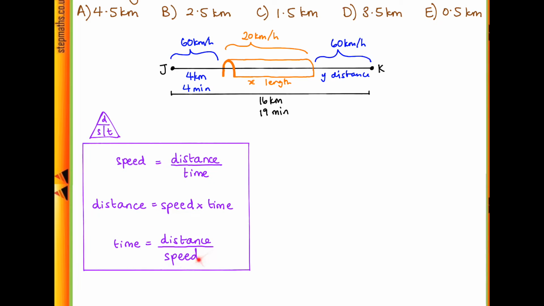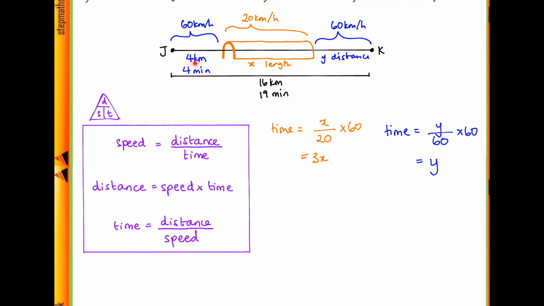Using time equals distance over speed, the time in the tunnel is x divided by 20, and the time after the tunnel is y divided by 60. Remember, these times are in hours because our speed was in kilometers per hour, so we multiply by 60 to get the time in minutes. Simplifying, our times are 3x for the tunnel and y for after the tunnel.